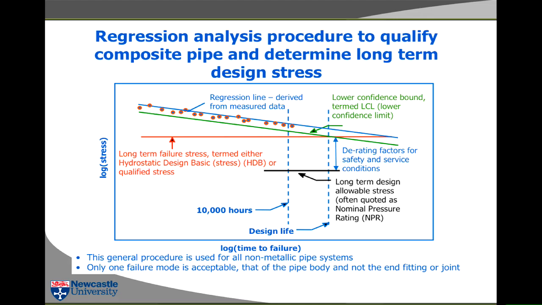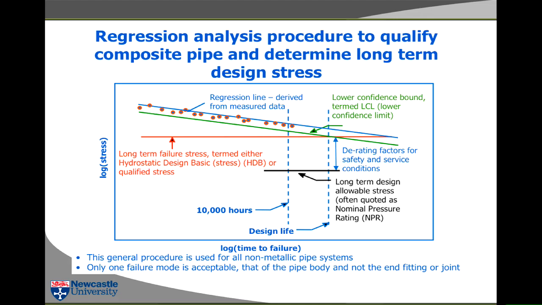So actually, you're measuring 3 things here. You're measuring the slope of the line, you're measuring the intercept of the line, which gives you the equation of the blue line, but you also measure from your statistics, remember, an upper confidence limit and a lower confidence limit.